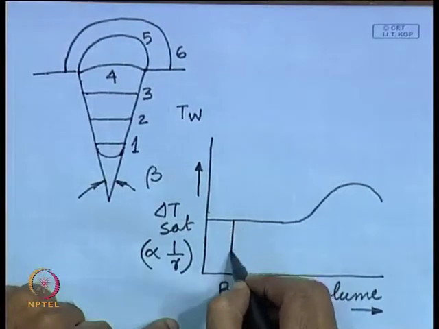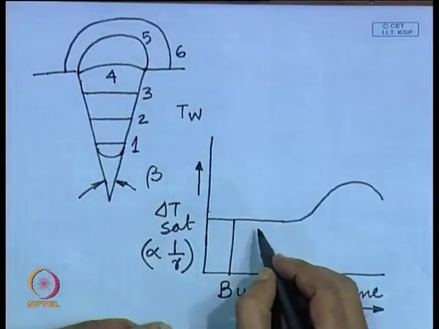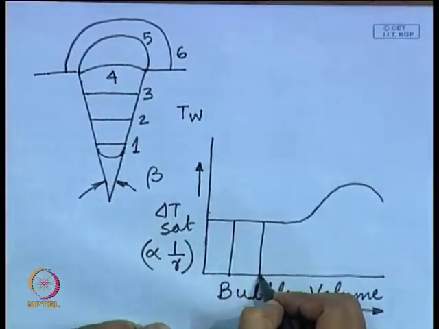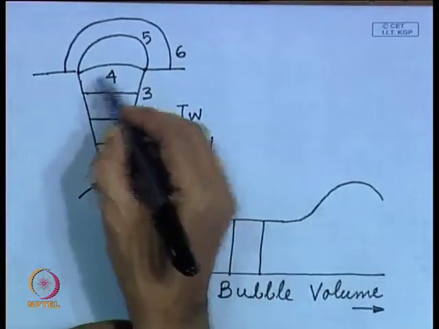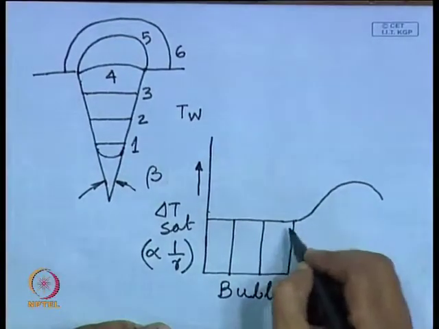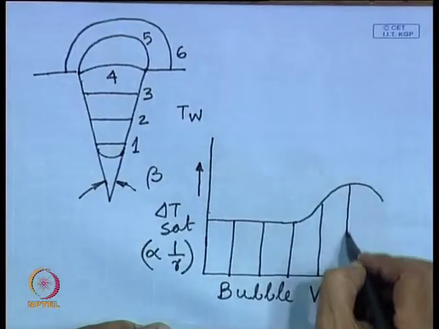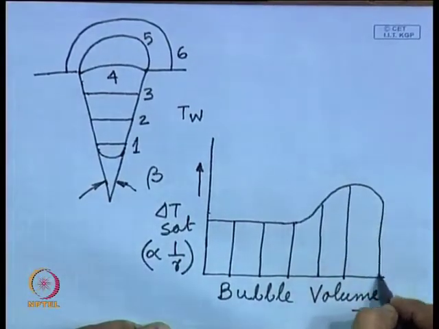At 1, there is no change of angle. 2 also, that is a flat interface, there is no change of angle. Probably 3 is very close to 4, there is a slight change of angle. Then we have 4, then 5, and then 6.